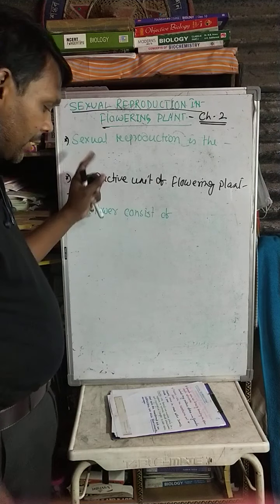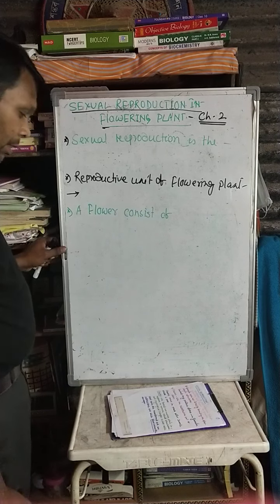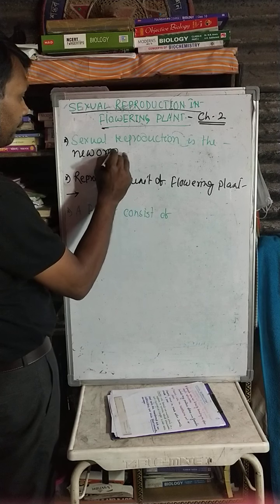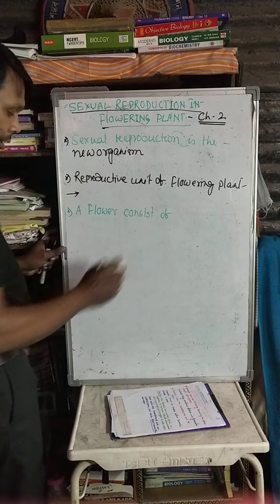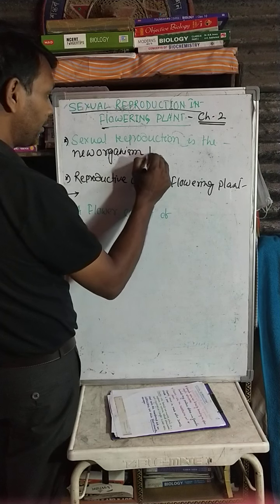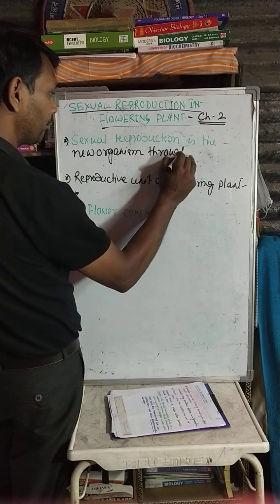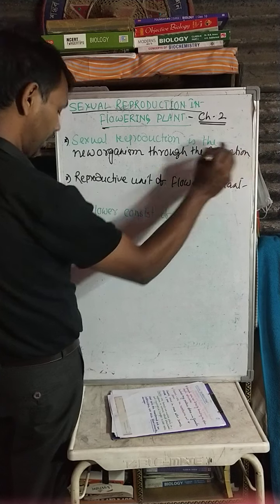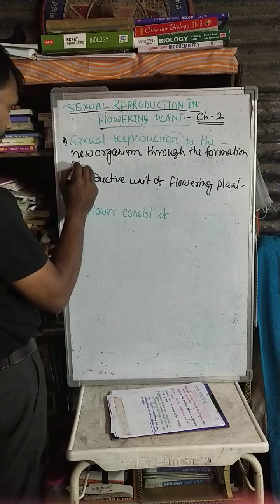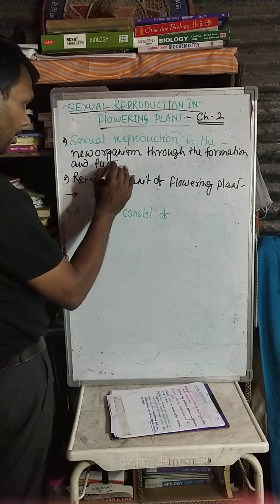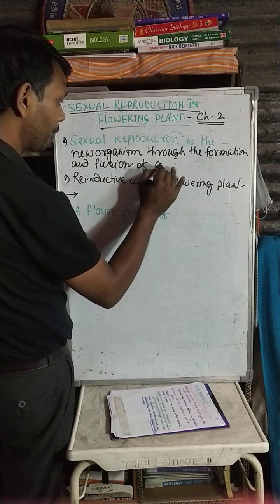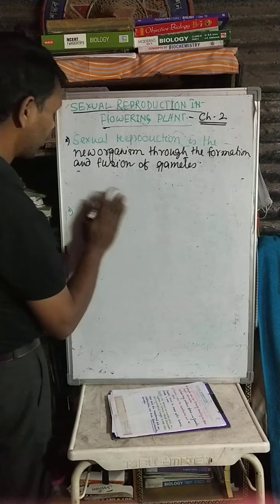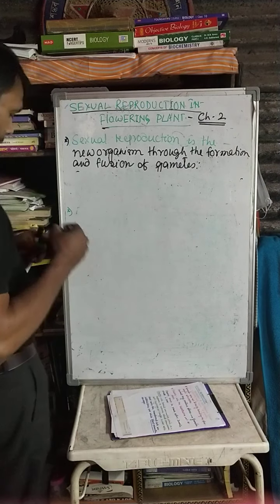We know that sexual reproduction is the development of new organism through the formation and fusion of gametes. So, formation and fusion of gametes.